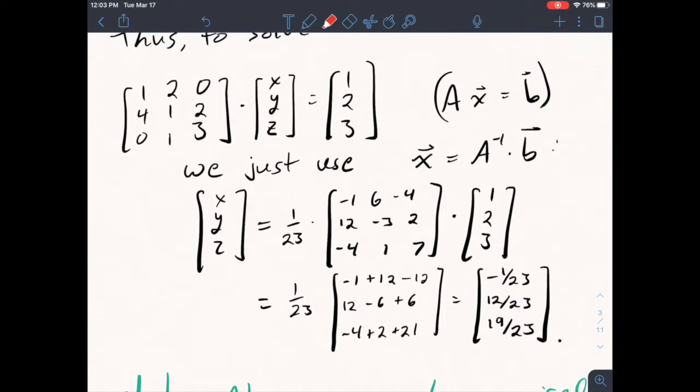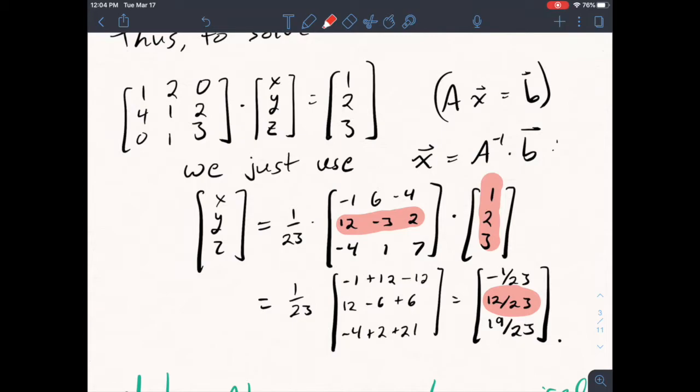So maybe let's just check that our second entry is correct. So we should get a 12 over 23 out. So if I do our second entry, that should correspond to row 2 times column 1, because this is the entry 2, 1 in our resulting matrix or vector.